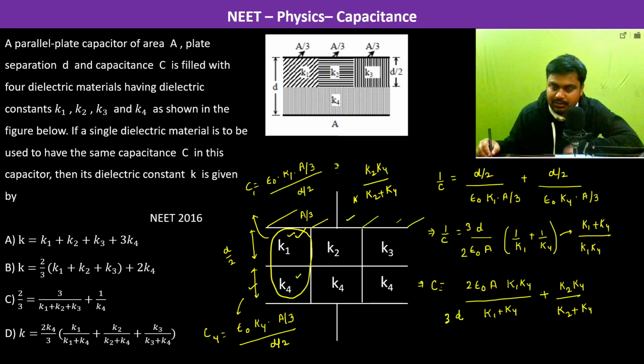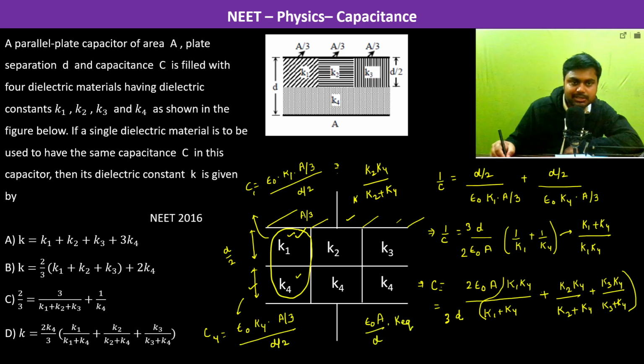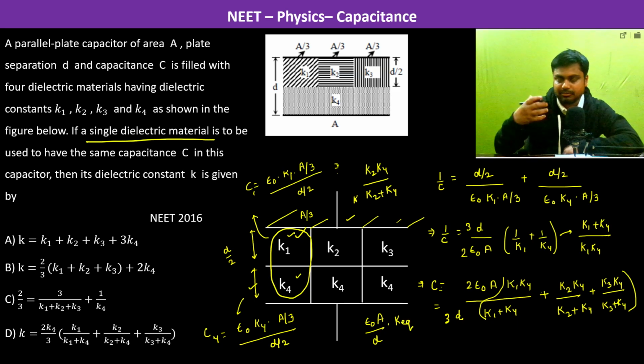So plus K3 into K4 by K3 plus K4. Now this entire thing should be equal to epsilon naught A by D into K equivalent, because if we remove everything and a single dielectric material is placed, epsilon naught A by D is gone.